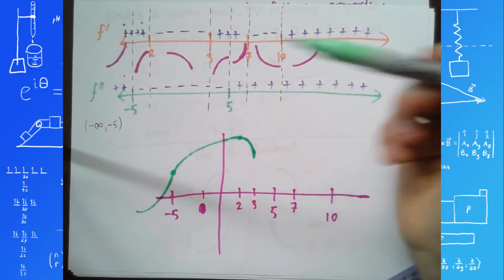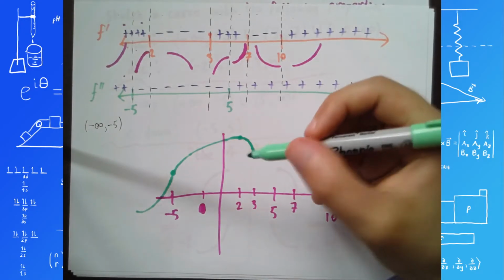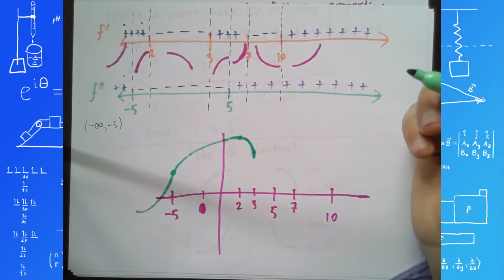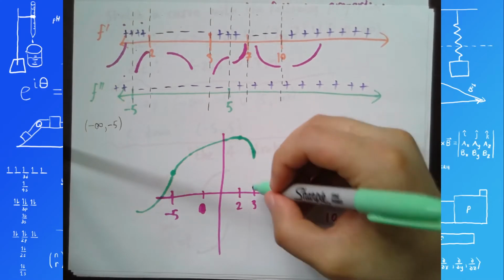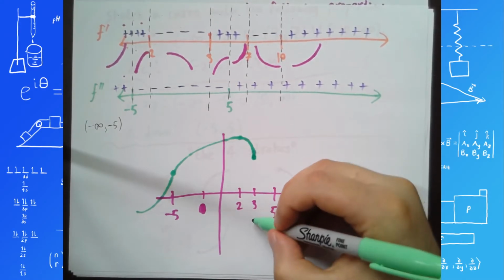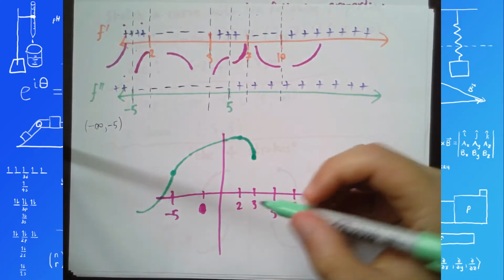Okay, and that takes us to 3. Then we've got a switch. I guess you could draw this as a cusp, or you could just have, you know, a jump discontinuity here. Yeah, I think that's what I'm going to do.